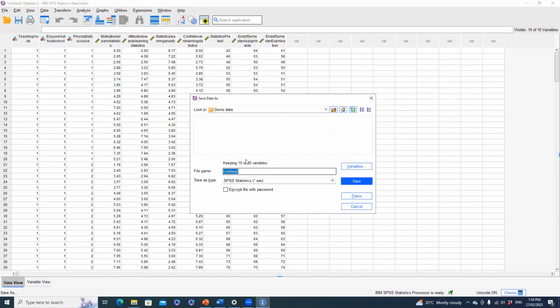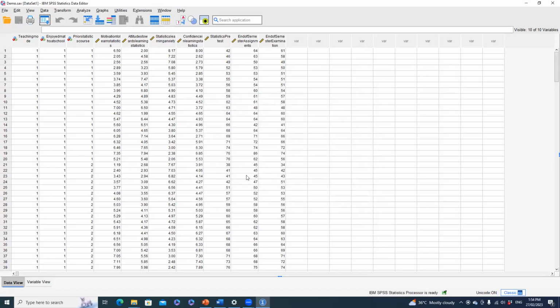I'm going to save it in the same folder. You can save it wherever you want by clicking in the Look in at the top, and I'm just going to save it as demo. I don't need the .sav because it will be added. So I do a save there. Now that I've got my data saved, I can keep coming back to it for all of the other analyses that we're going to be doing in the unit.